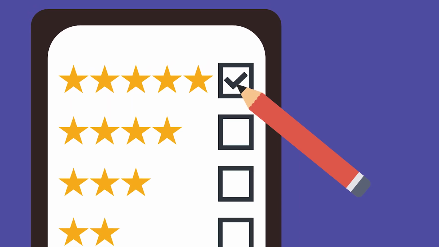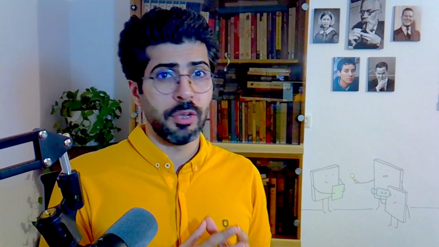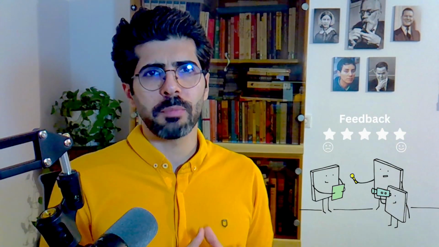Then we have the Likert scale. You know, those surveys where you pick anything from strongly disagree to strongly agree. Most people make the mistake of just averaging the results. But think about it. Is the mental gap between neutral and agree really the same as the gap between agree and strongly agree? Probably not.